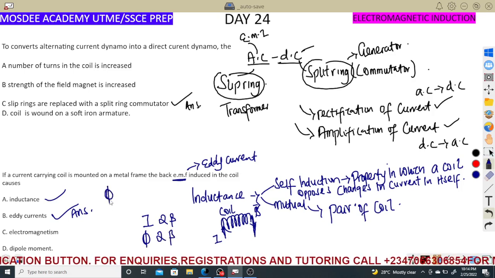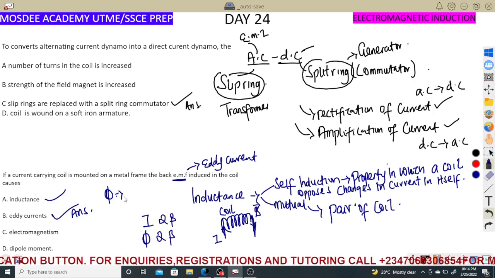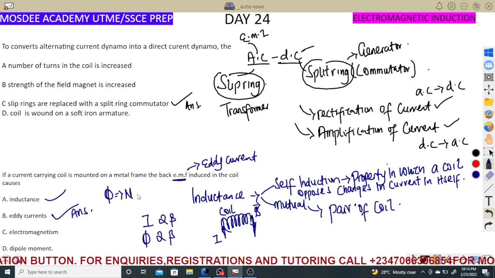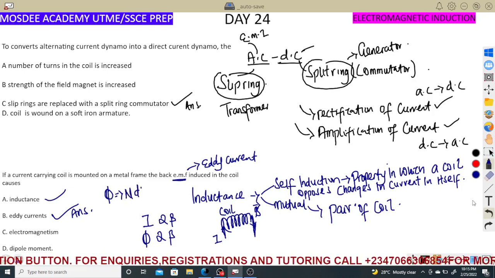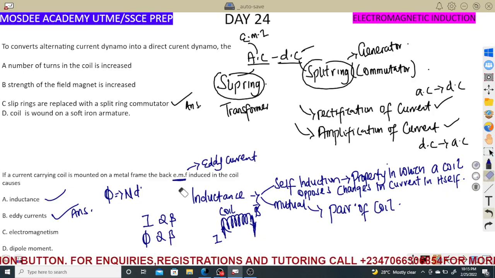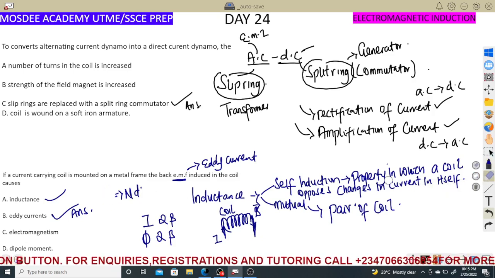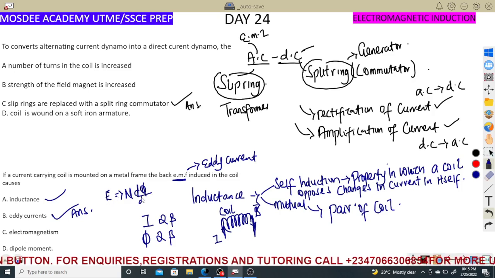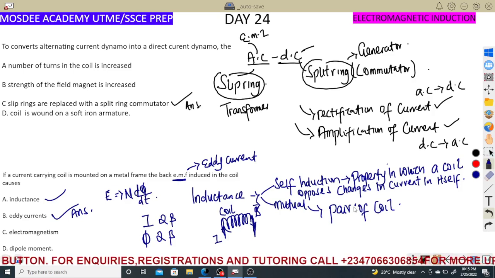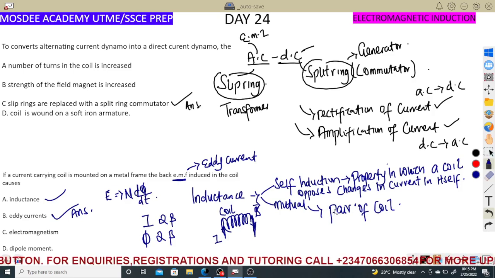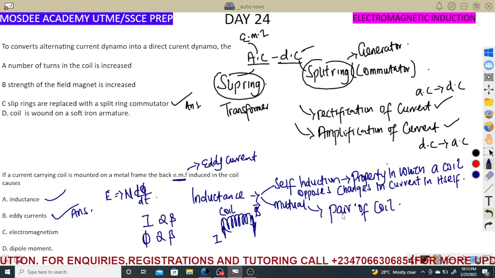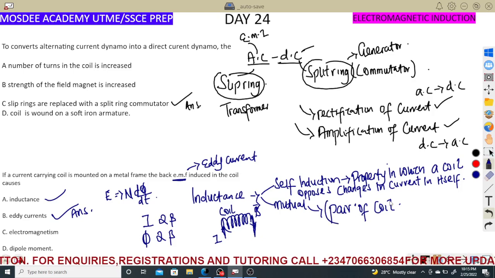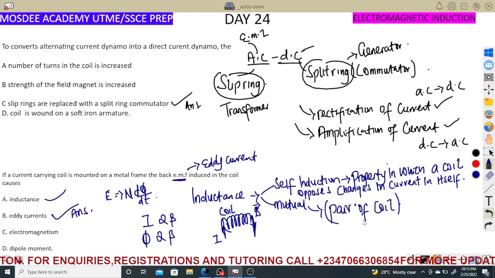Remember, from Faraday's law of electromagnetic induction, the induced EMF is given as N d(phi)/dt. So inductance is the property of a coil which opposes change in current in itself. That is called self-inductance, whereas mutual inductance is only applicable to a pair of coils, that is, more than one coil.